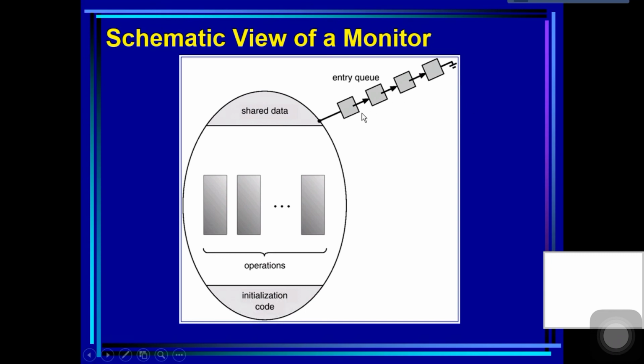Any process that wants to operate on the shared data must call an operation within the monitor. This construct ensures that only one process, one application process, can operate at any time on the shared data. So it ensures mutual exclusion.